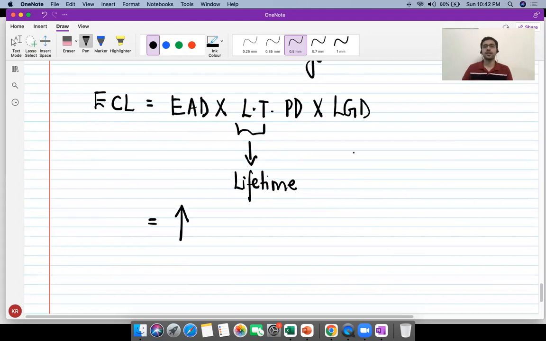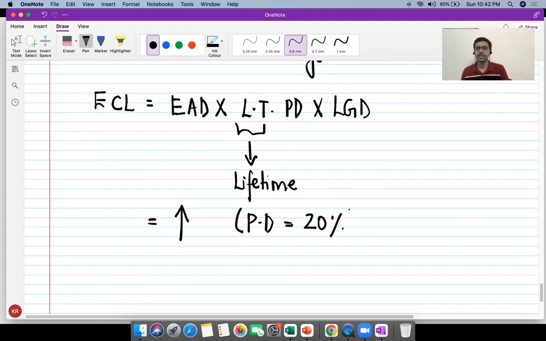All of a sudden the PD will now no longer be 7%, because that 7% was the probability that he will default in the next 12 months. Now let us say PD becomes, I'm just giving you some random numbers, 20%, for easy calculation, as I don't have a calculator.